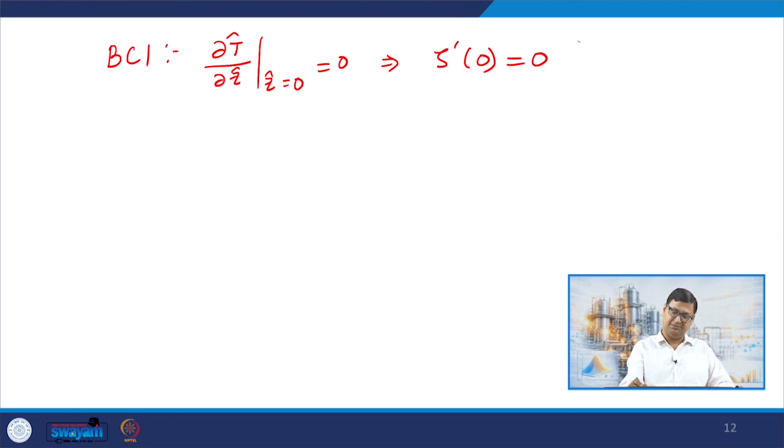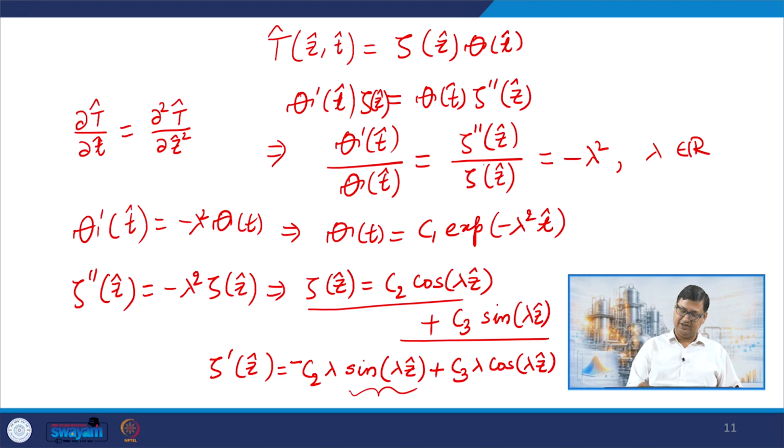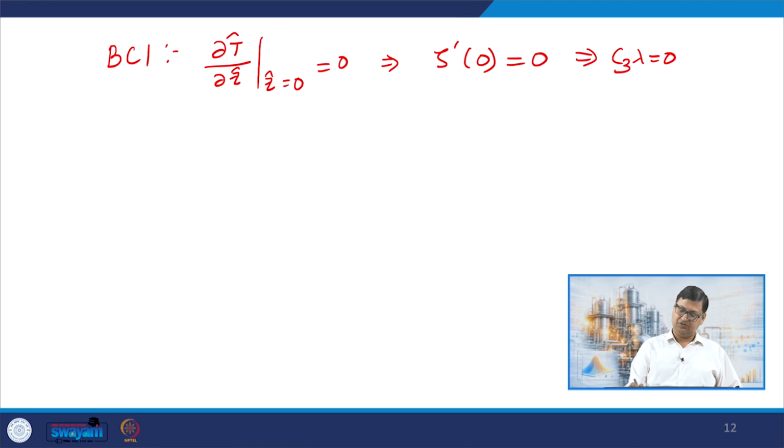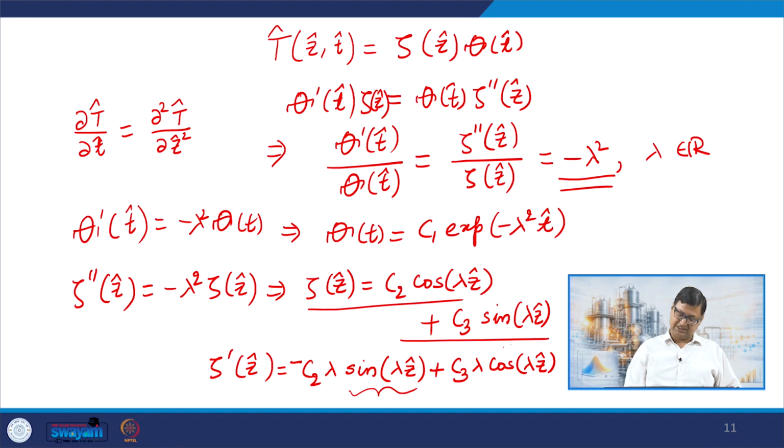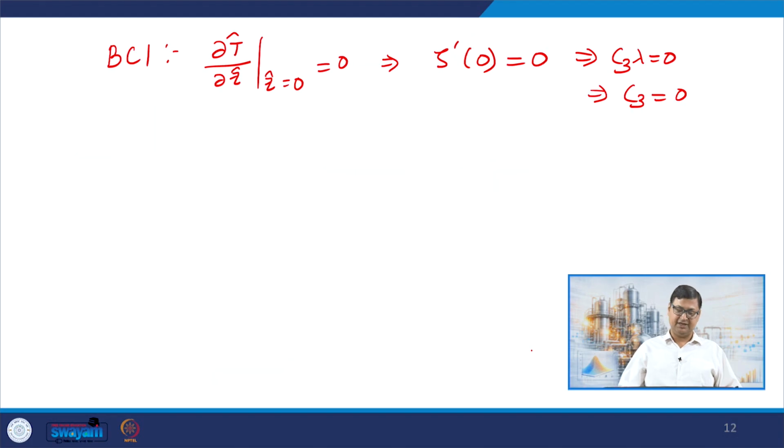So C3 lambda is equal to 0. For the same reasons as we have done in the earlier case, lambda we do not want to set equal to 0, because if I do that, then my theta prime will go to 0, so temperature will not change, that I don't want. So therefore, I will set C3 to be 0. That means I will drop this term, it also gets dropped here.